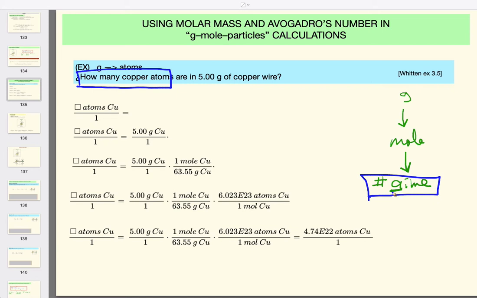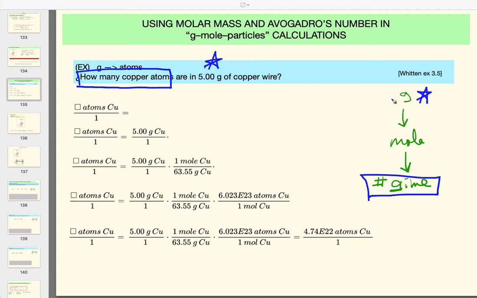Our star is what we know, what we're given. This is where we're going to start. We start with 5 grams, so there's our star right there. Now we're just going to map: there's our box equals star. Our box is how many atoms of copper, and our star is 5 grams of copper.